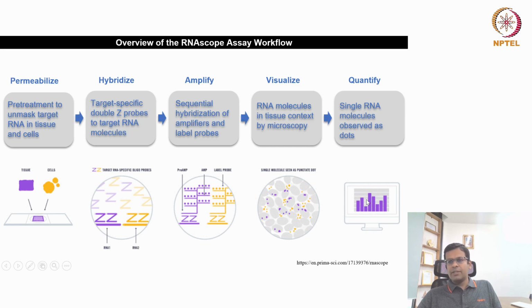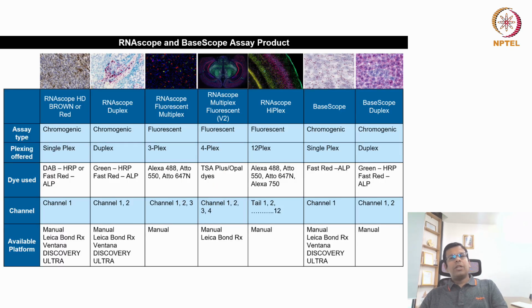The computer can give you histograms of the number of mRNAs per cell. So this is how this technique works. It is mostly the same as smFISH, or single molecule mRNA FISH, but here, because of this double Z probe chemistry, the sensitivity and specificity of this assay is improved. There are different varieties of these RNAscope technologies.